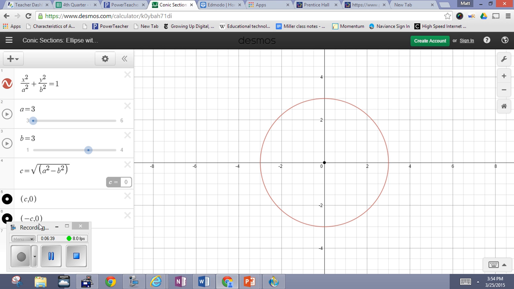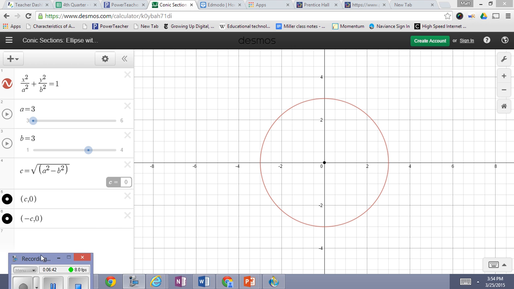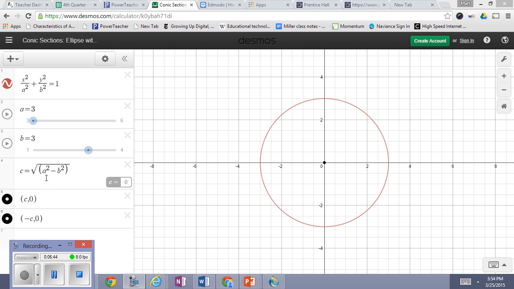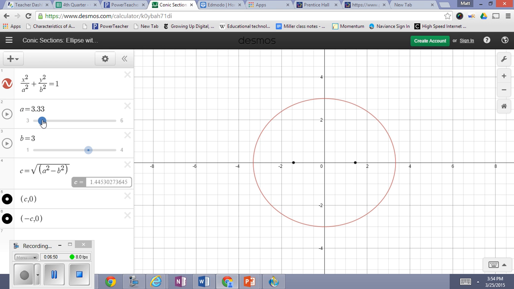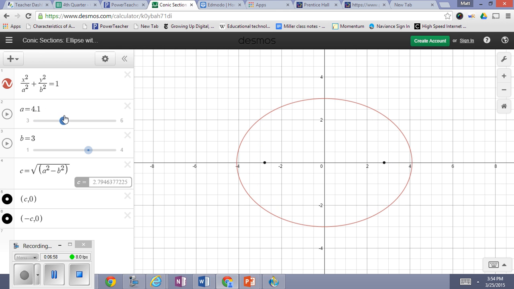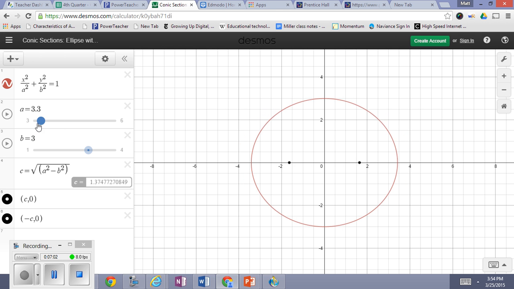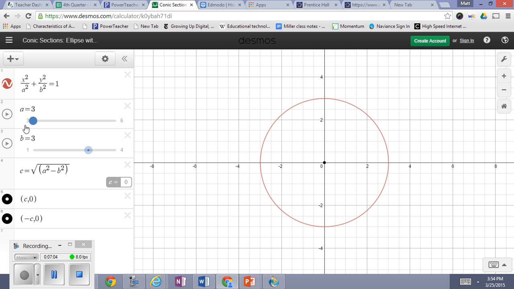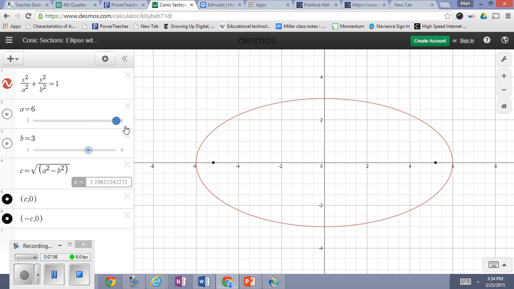And we're going to talk more about an eccentricity factor, which is not represented here, but the eccentricity is how much the ellipse has deviated from a circle. The more it deviates from a circle, as you can see, the further our foci points spread away. The eccentricity is a factor determining how much it deviates from a circle.